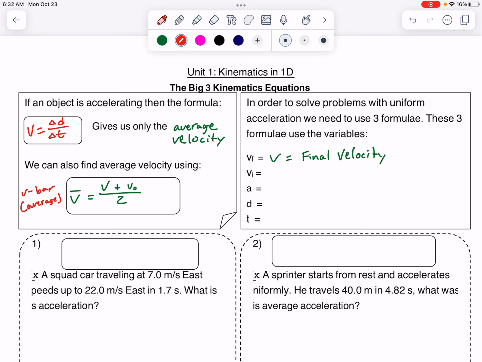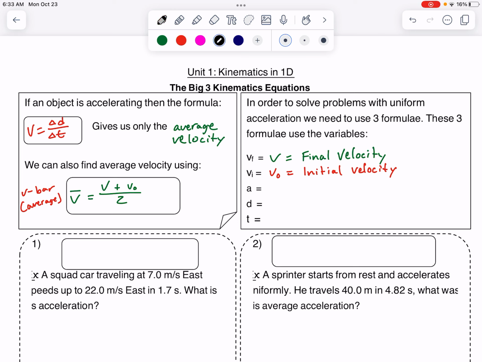So VI, which can also be indicated as VO. This is the initial velocity. All right, so it's either VI, which stands for initial, or VO, which is going to be the velocity at time 0. So again, you'll see these symbols kind of used interchangeably.